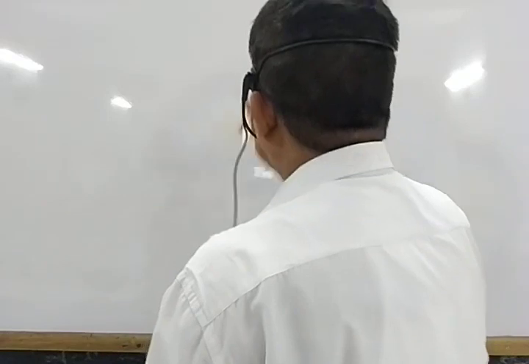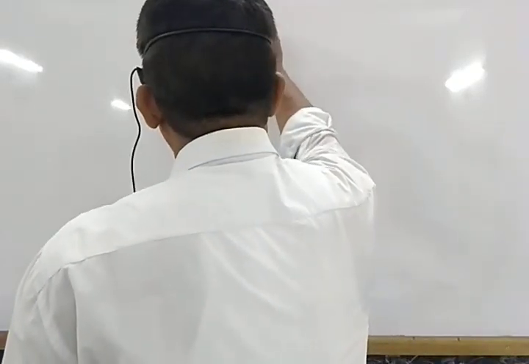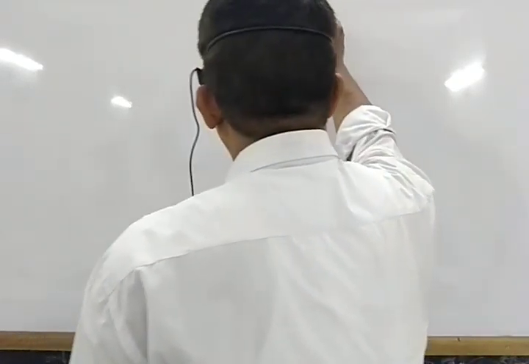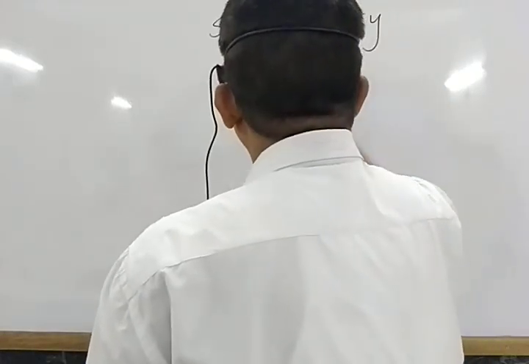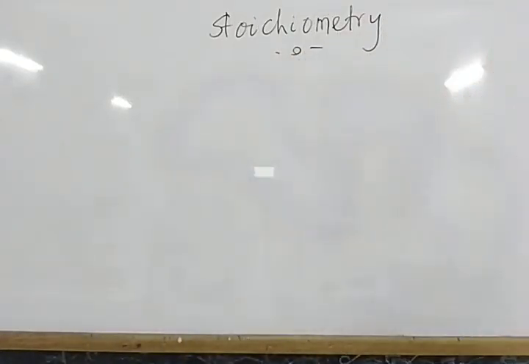Today, in class 6 of the chapter Basic Concepts in Chemistry, I will try to cover another term, that is stoichiometry. Mark that. What do you mean by the term stoichiometry?